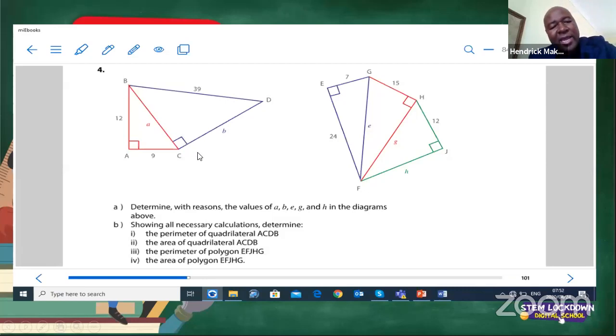So you can see that A is the hypotenuse side. Who can tell me how are we going to find this value of A? What will be our formula to find A? Ashley Mavungu, can you tell me how are we going to find the value of A in this triangle ABC, the unknown value there, which is A?